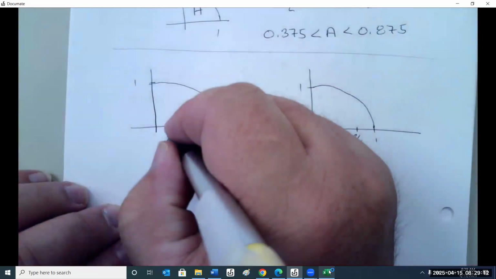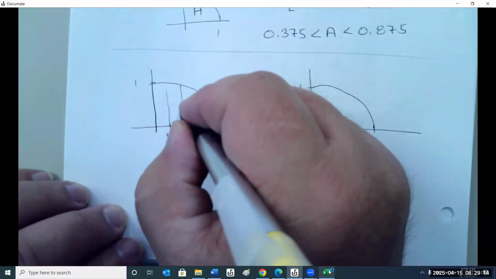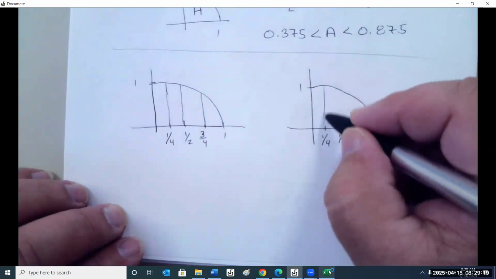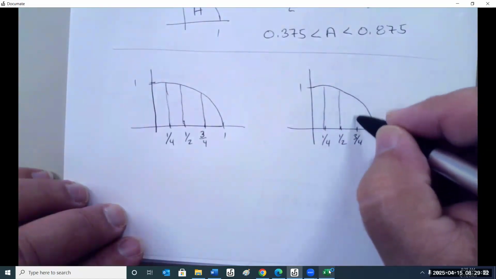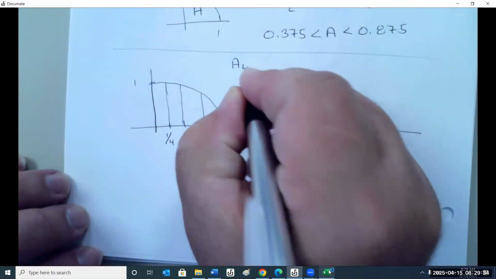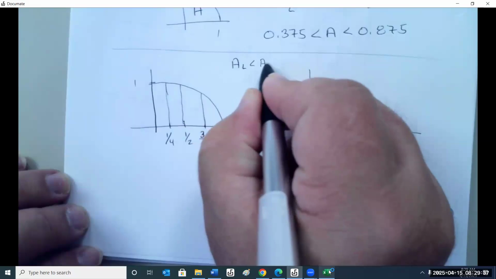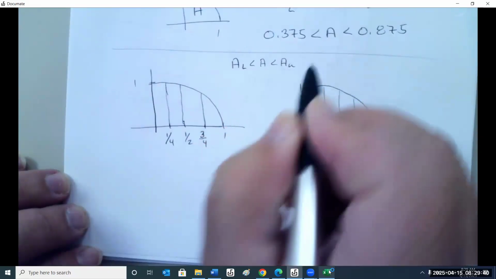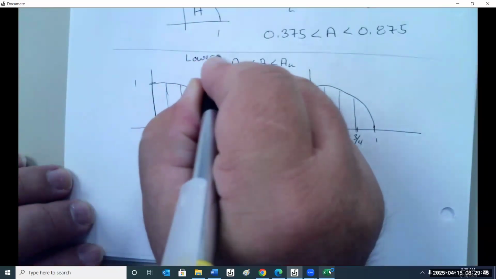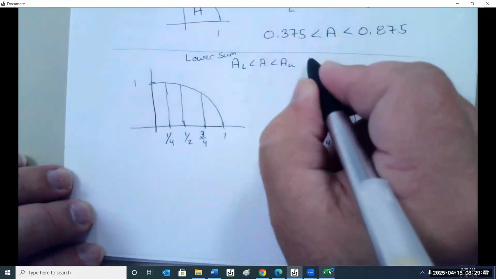So you see what we're gonna do here? We're gonna cut it into more pieces. Remember, we want the lower bound on the left and the upper bound on the right. This is the lower bound, or the lower sum. This is the upper sum.